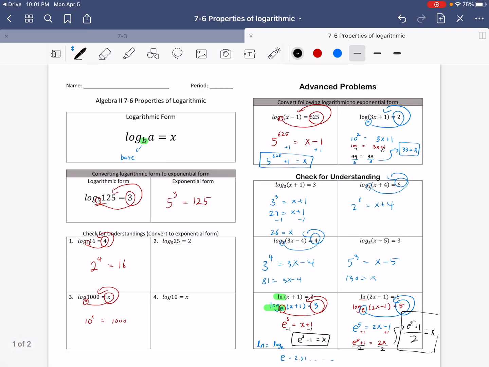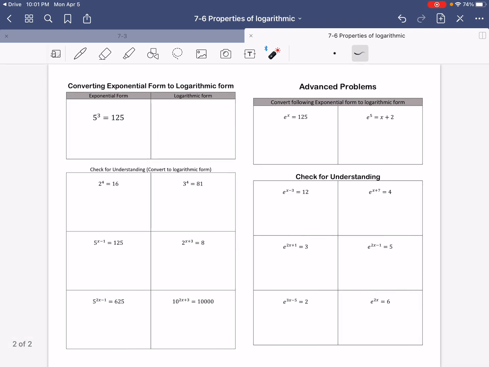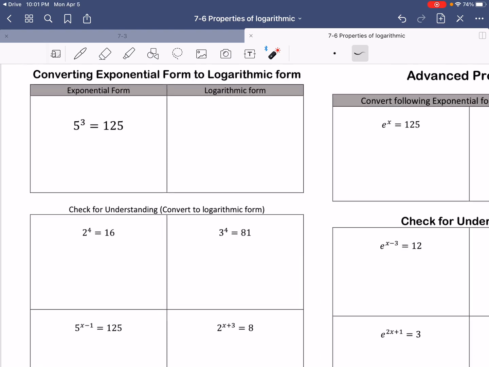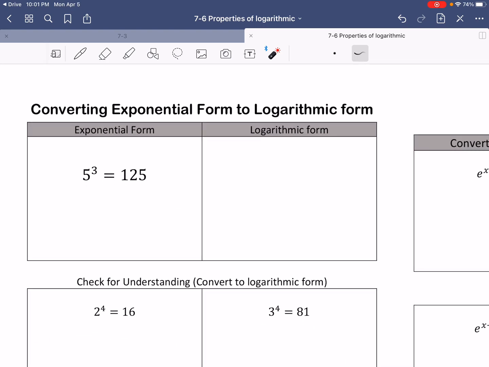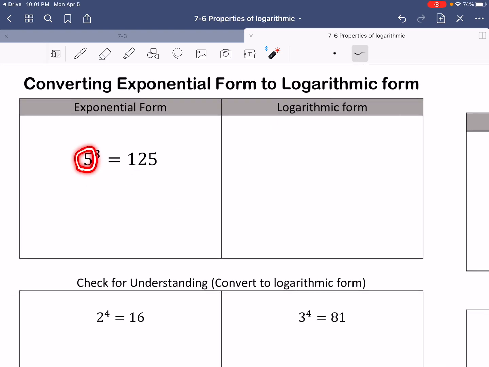Alright, so we learned how to change logarithmic into exponential form. This page, we are going to do the opposite. Now we are going to change exponential into logarithmic. Again, base is going to be our base, but I know normally we forget about that.